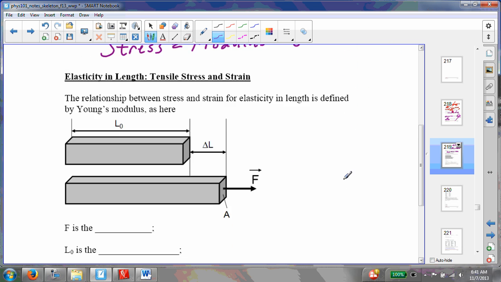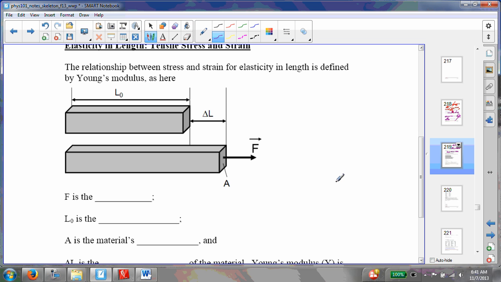That is, if I apply a stress to an object along its length, a force per unit area, what is the deformation of the solid? So remember this force per unit area, this is my stress, and this amount that it's deforming the solid, this is my strain.